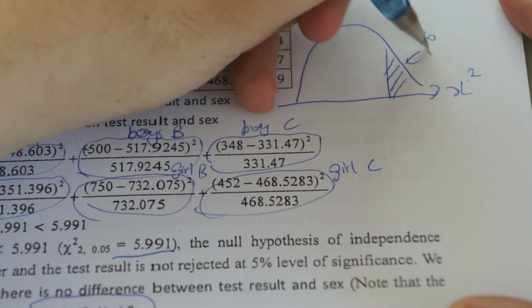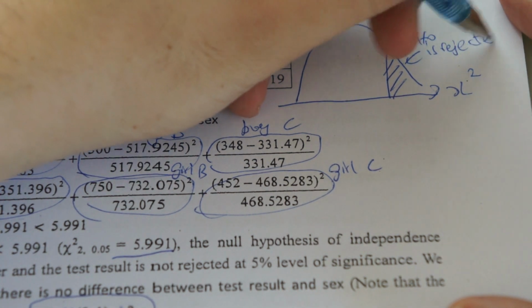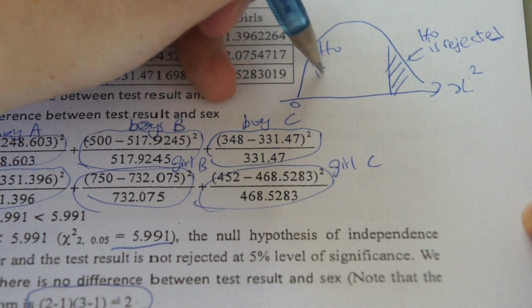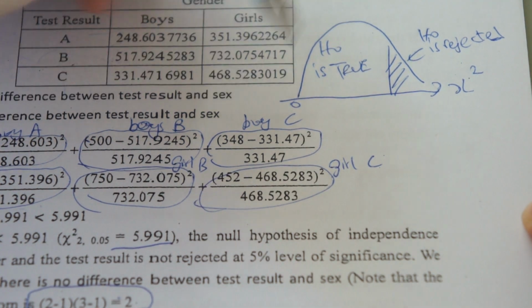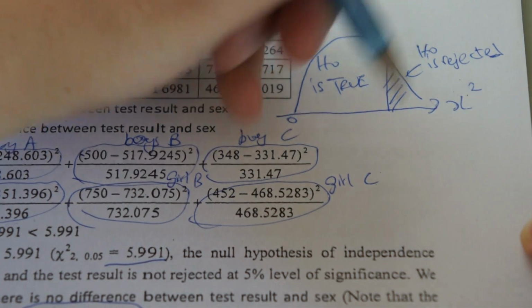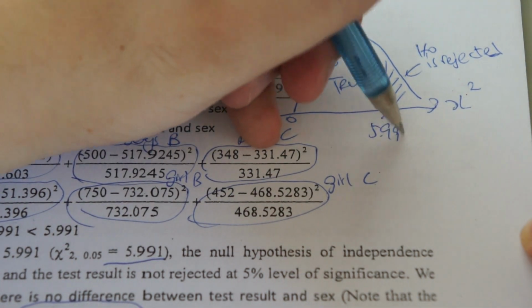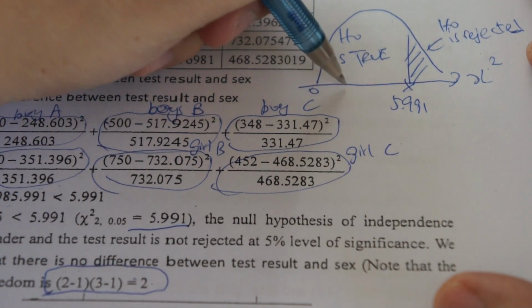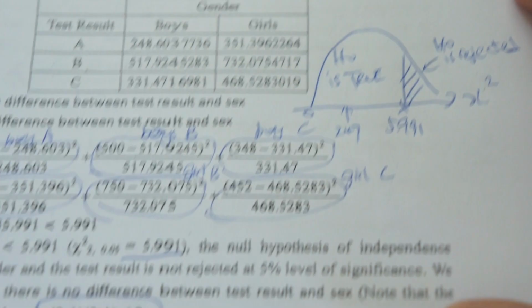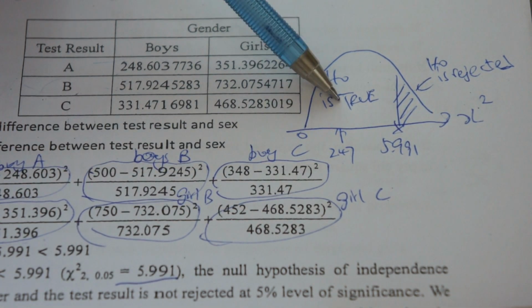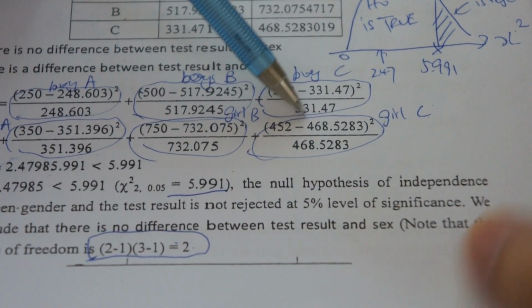As I said, the null hypothesis is rejected in these cases. While the null hypothesis is true with a number very close to 0, the critical value you check should be here, 5.991, and the number you calculated, 2.47, should be here. So finally, do you reject or not? Of course it should be no, because the null hypothesis should be true.